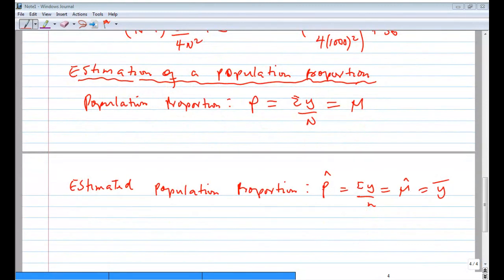So what is the variance of the estimated population proportion? How do you calculate the variance of the estimated population proportion?